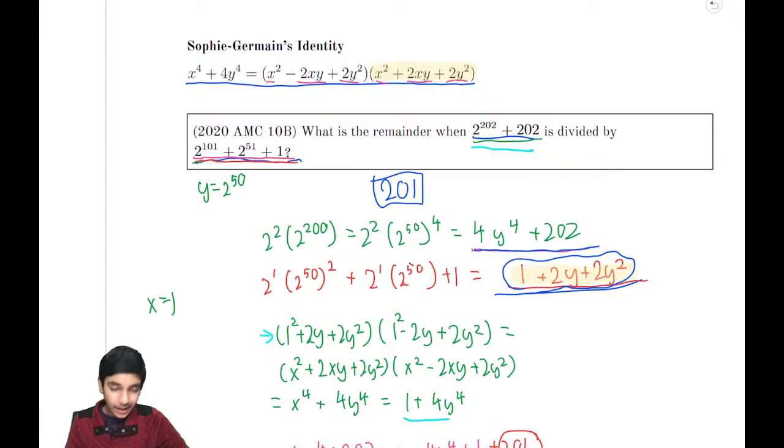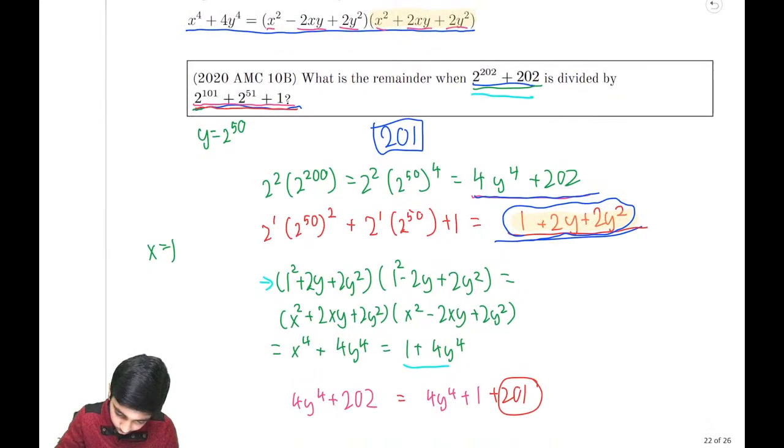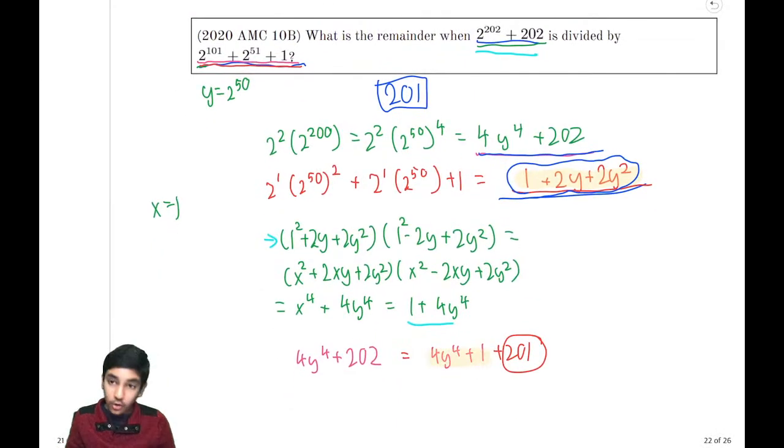So that's why we considered using Sophie Germain's. Also, this other term here is of the form something to the fourth plus something to the fourth. So whenever you have fourth powers, we can also use Sophie Germain's there. So that was the motivation behind the solution.